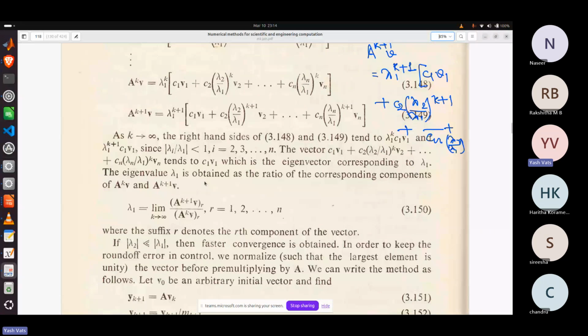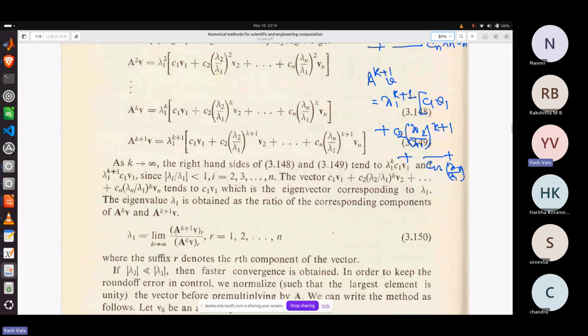The eigenvalue lambda 1 is obtained as the ratio of corresponding components of A^k V and A^(k+1) V. You just take A^(k+1) V and A^k V and calculate the limit as k goes to infinity, where r is varying from 1 to n. Okay, so what is the procedure? Suppose you have V naught, which is an arbitrary initial vector.